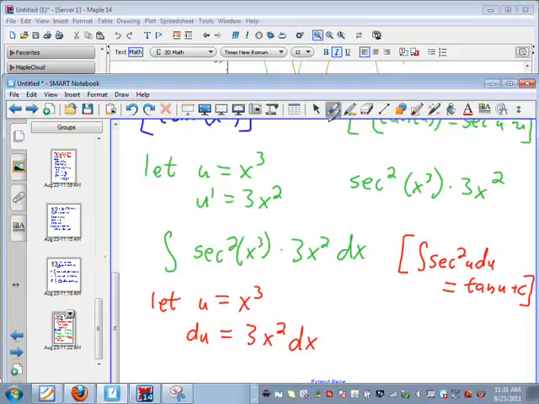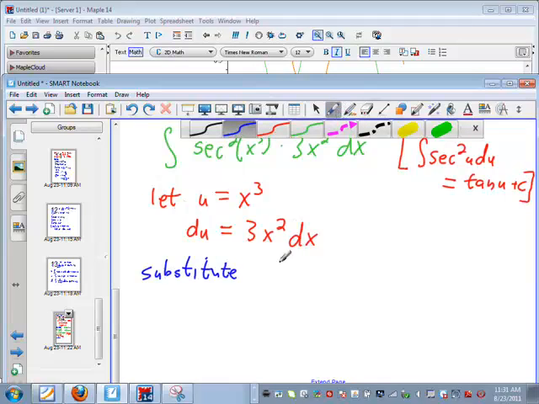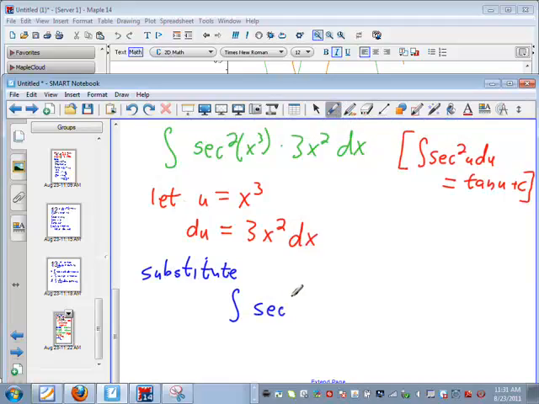Once we substitute, so now, if we substitute, then this integral becomes the antiderivative of secant squared, well, x cubed was u, and then 3x squared dx is du. But this we know in our sleep.